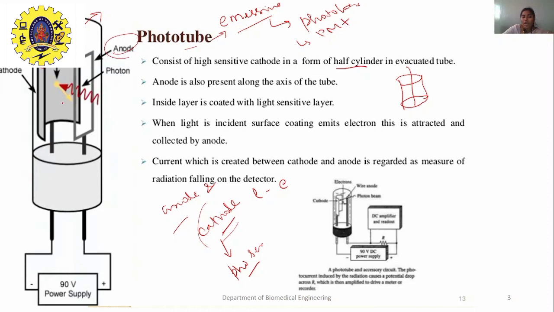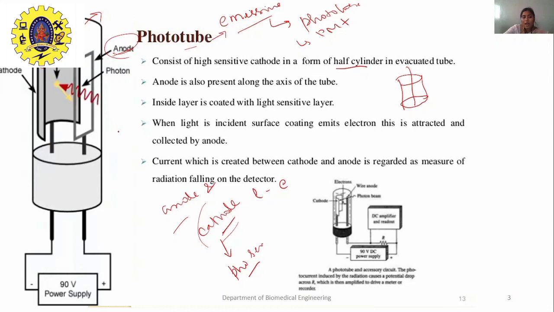Whatever electrons are emitted from the photosensitive material, that is from the cathode, are always attracted towards the anode, or we can also say they are collected by the anode. So now the anode has a collection of electrons, which is also called the anode current.